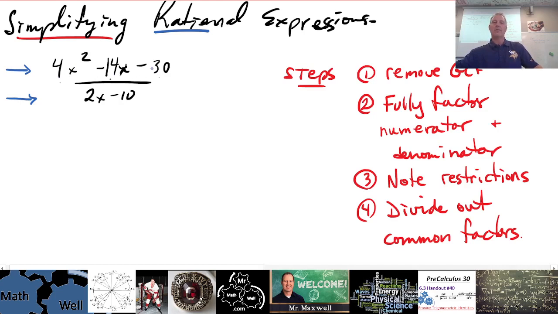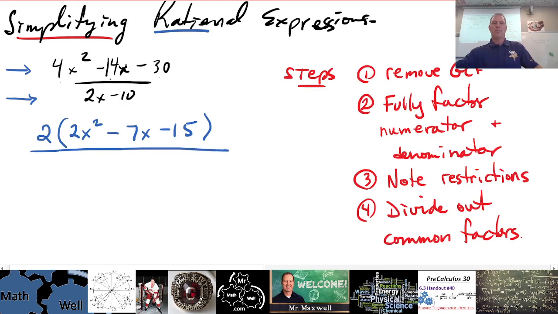Yeah, there's a common factor, for sure. So when you take it out, you need to put it off to the side. Don't just get rid of it. Put it off to the side, and then write what remains if you were to divide that out of each term. Okay. So we do that for the top, and then we do that for the bottom as well. I see that I have a common factor of 2 as well on the bottom.